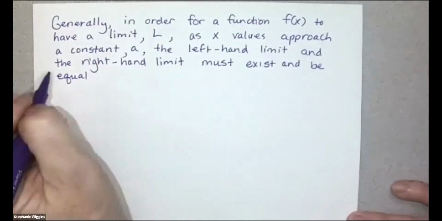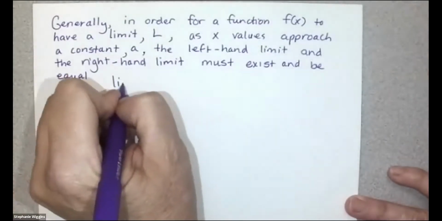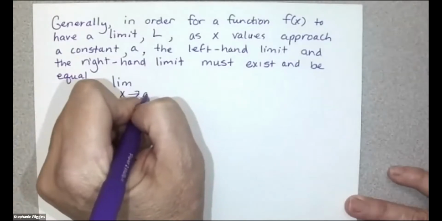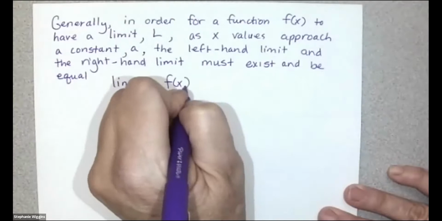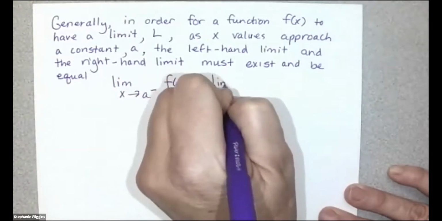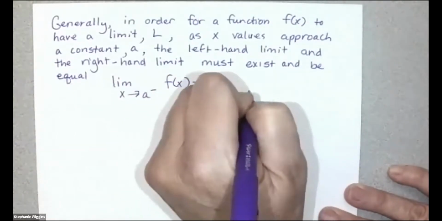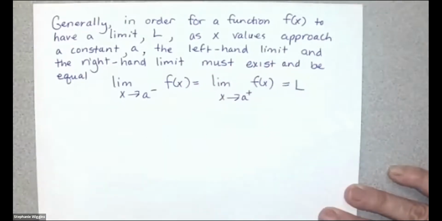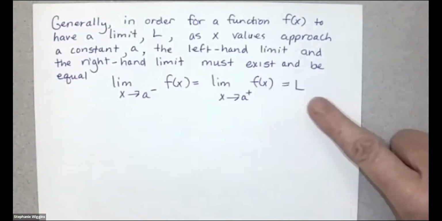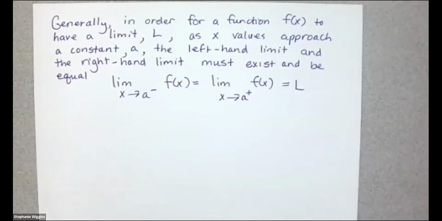In other words, the limit as x approaches a from the negative side of f of x equals the limit as x approaches a from the positive side of f of x, and they're both equal to some constant L. The fact that they're equal to a constant L means they exist and they are equal.